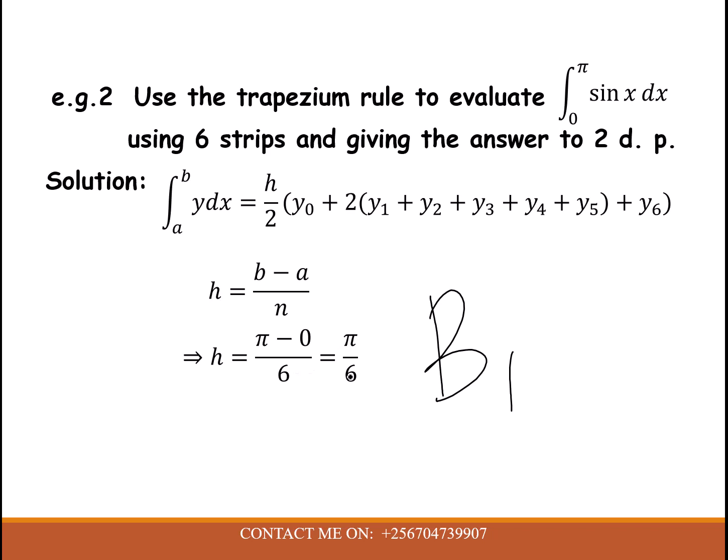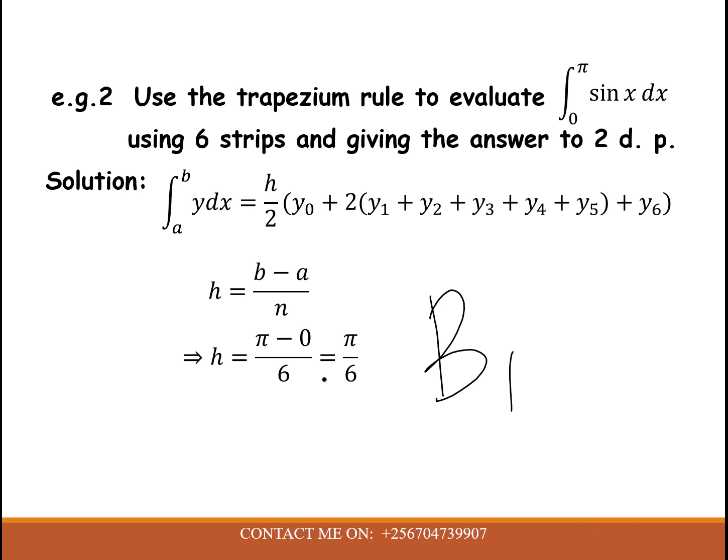You should always remember to put your calculator in radians when you are using pi, not 3.14, because it is a small angle. And always write this h as a fraction if it doesn't give you exact values.